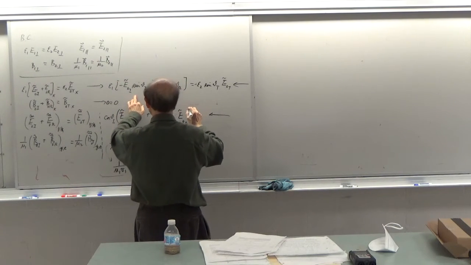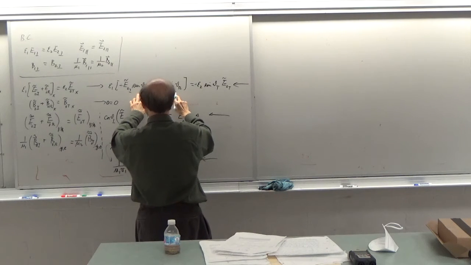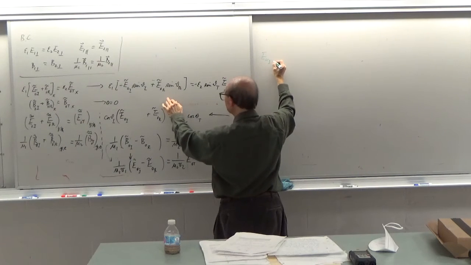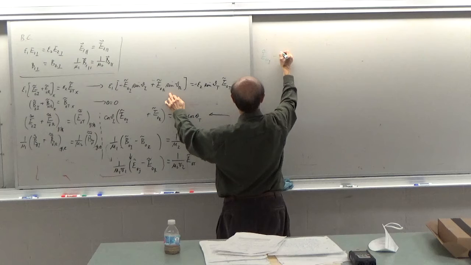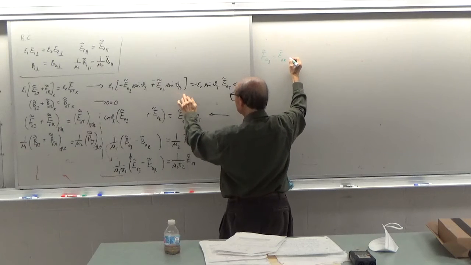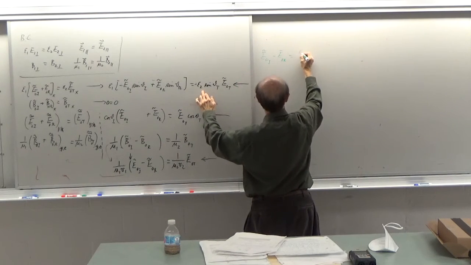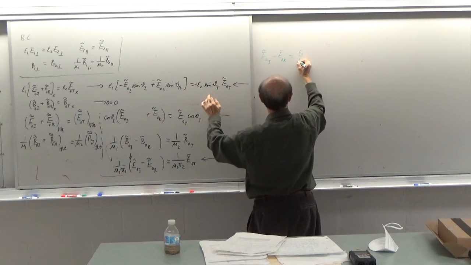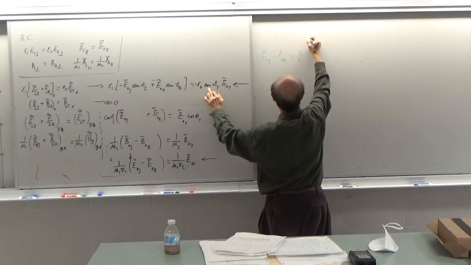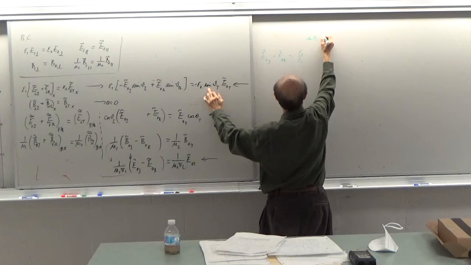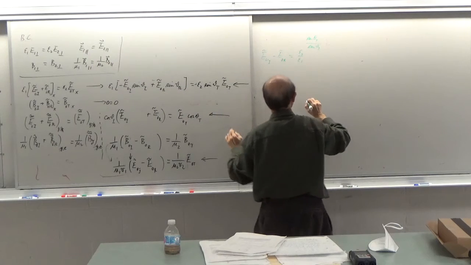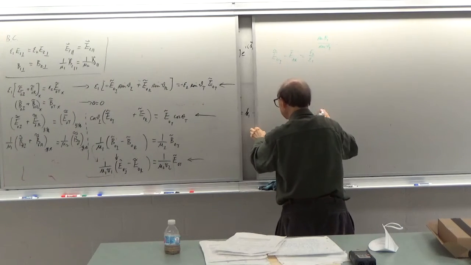So I have, and this, let me go to the other side, so that I have E naught I minus 2 E naught R, that's equal to epsilon 2 divided by epsilon 1, and that sine theta t divided by sine of theta I. And you remember, okay, Snell's law.